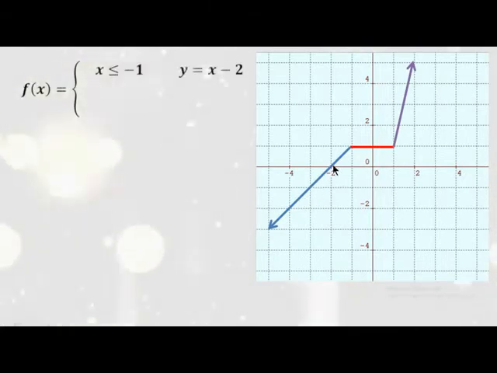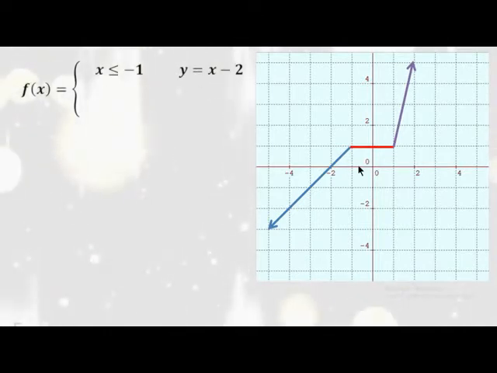The domain starts from -1 to this number because the line starts from here to here. This is an arrow. It means it is not finished here. It is infinite. So start from -1 and all the numbers less than it. So x less than or equal to -1.